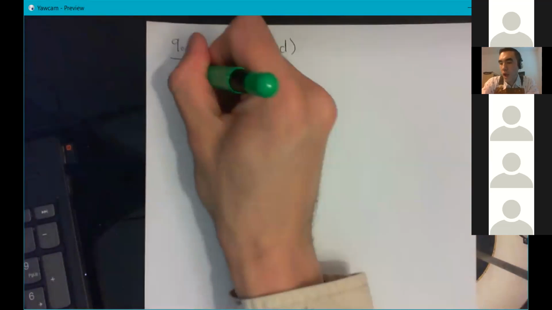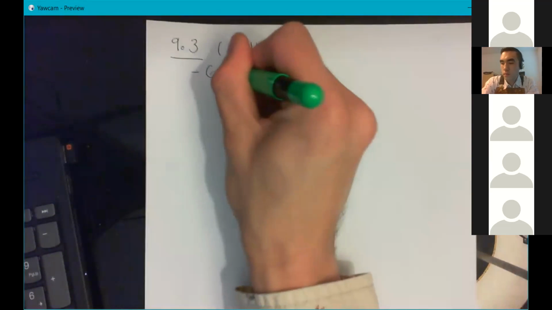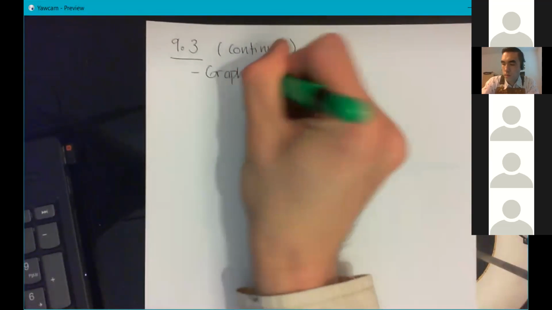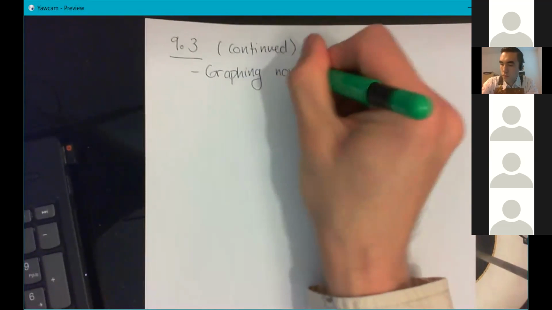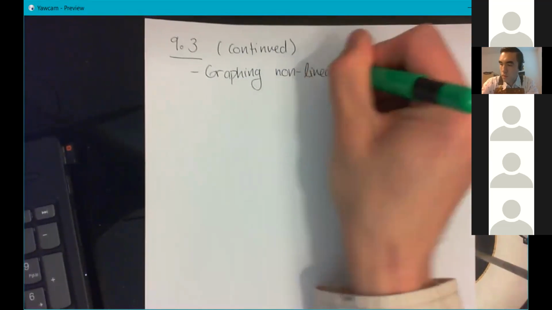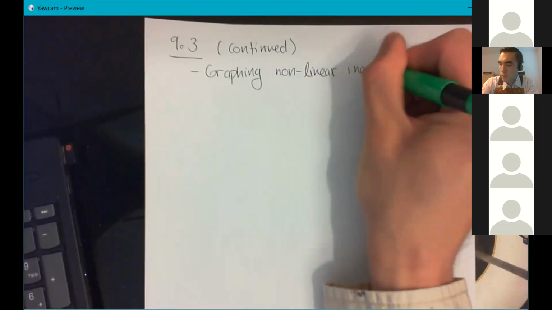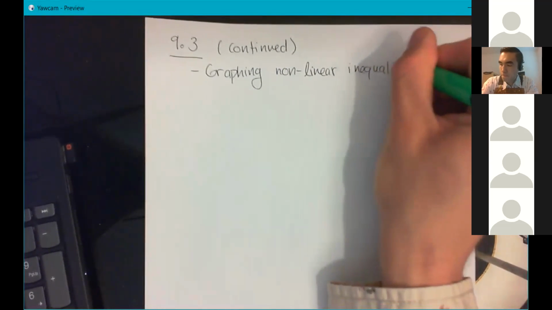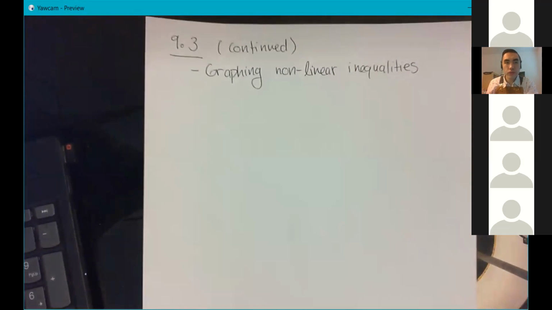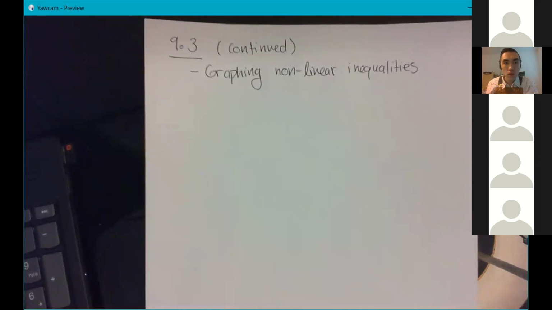When it comes to the graphing of nonlinear inequalities, we have one thing that we need to consider first. Is our inequality written with a greater than or less than, or a strictly greater than, or a strictly less than? That's an important thing because it's going to tell us what kind of line we are supposed to draw the graph with.